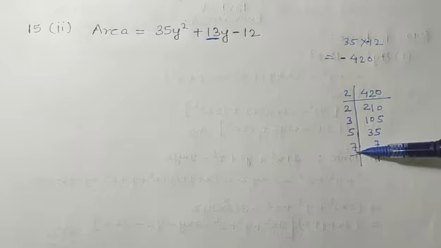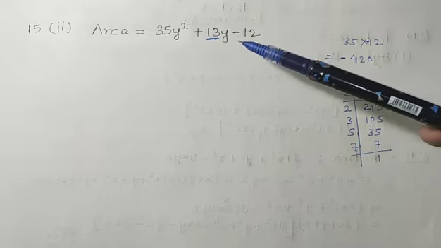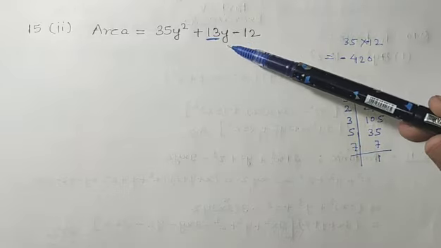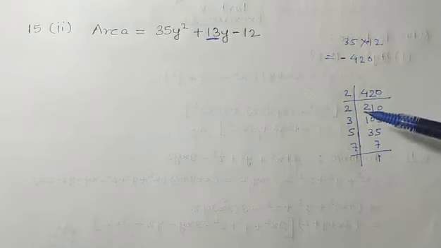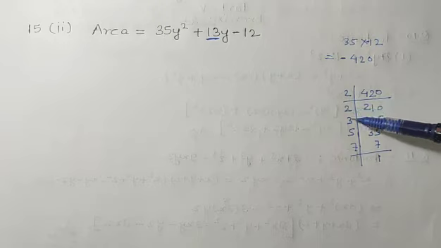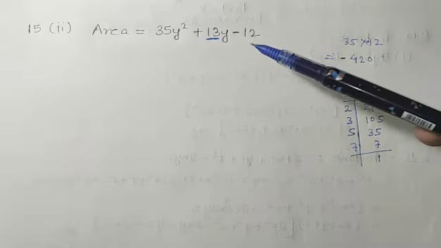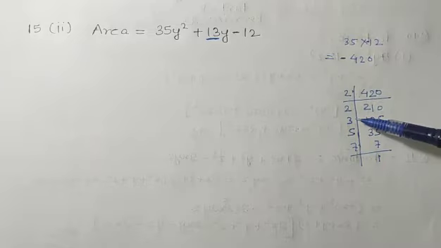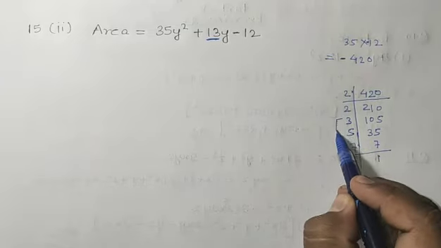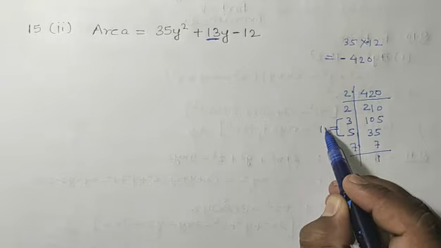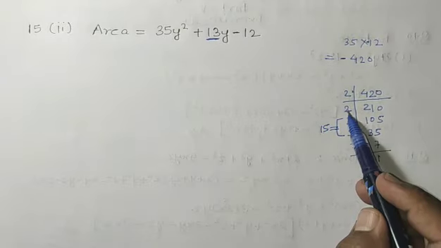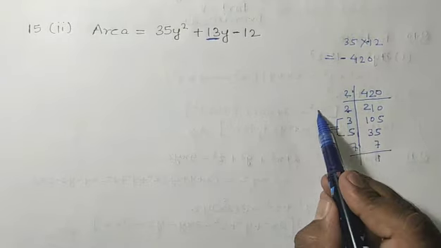So 12 and 35, okay, no sum or difference will give us 13. So think about another combination. 2 3s are 6, 5s are 30 and 7 2s are 14, so 30 or 14, again we will not get 13.